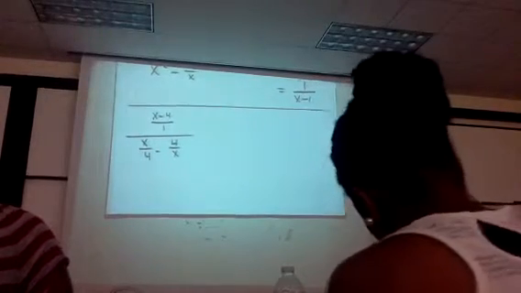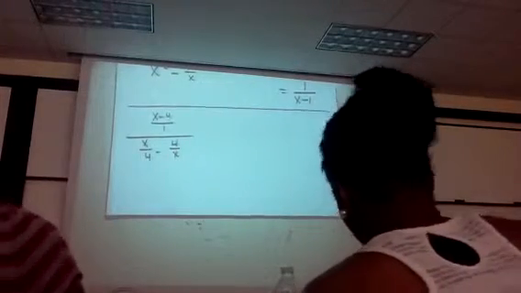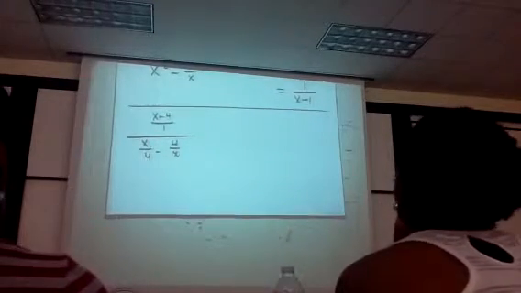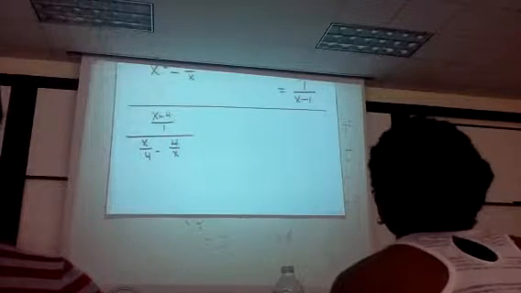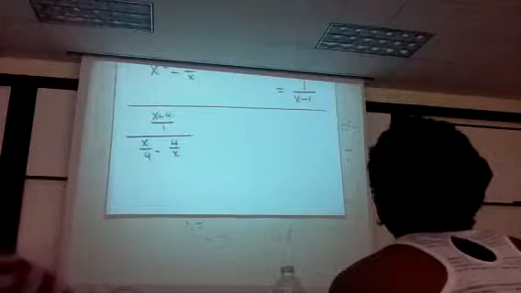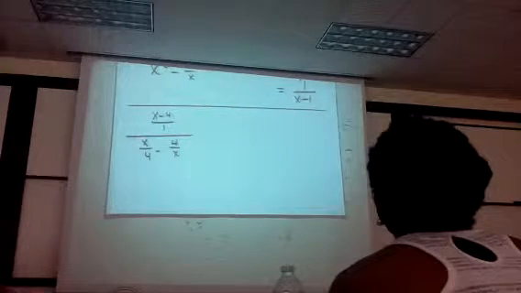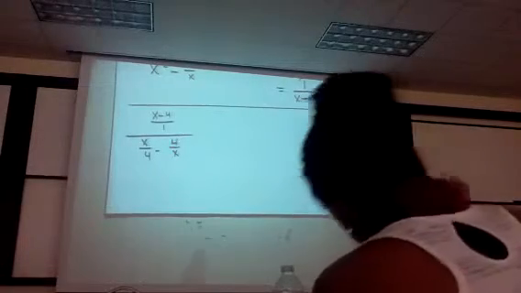Got fractions in my denominator. So I take the steps. First thing is to find what? Common denominator. I check out my denominators. What's going to be my common denominator? 4x. Do I see that all right? My denominators are 1, 4, and x. So my common denominator is going to be 4x.